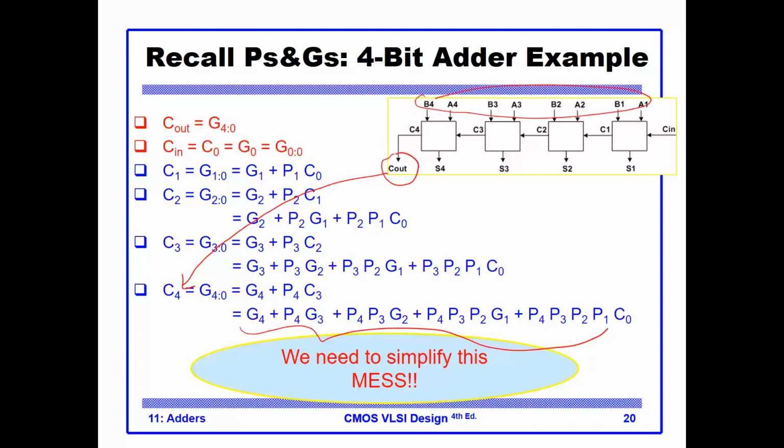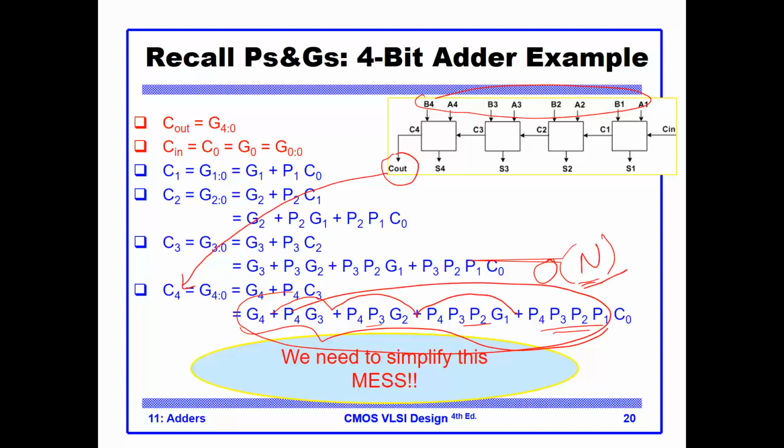You can see here that I have an OR gate, which is on the order of n, and also an AND gate of the order of n, and overall an expression with a complexity of the order of n, where n is the width of the data path. And we said that we don't like this.